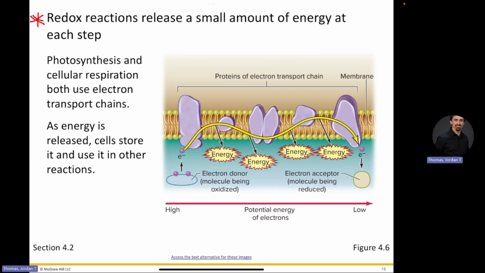So they release energy in small amounts and in controlled fashions. As energy is released, cells store it and use it in other reactions. So these electron transport chains are used to pull energy out of a molecule in a controlled fashion, and that energy can then be used in other ways.